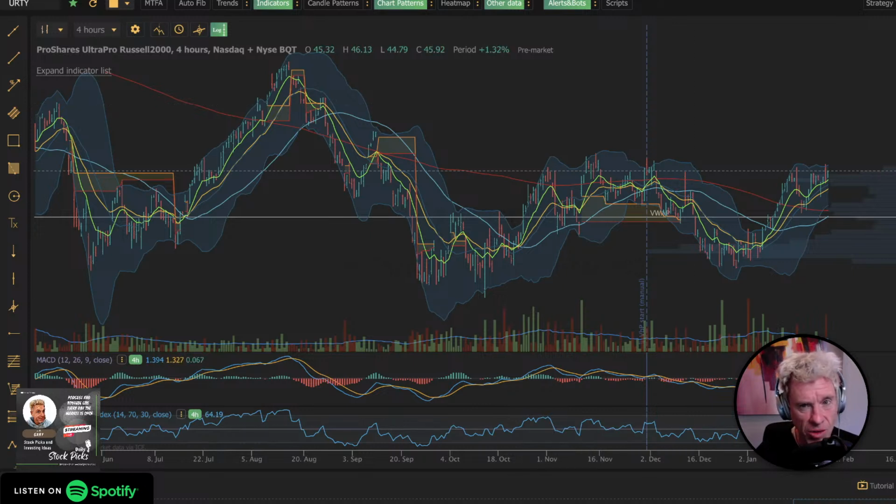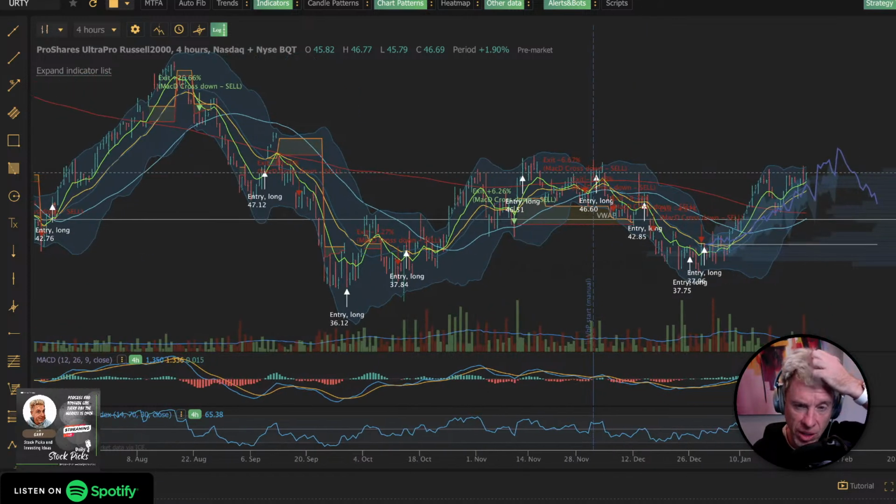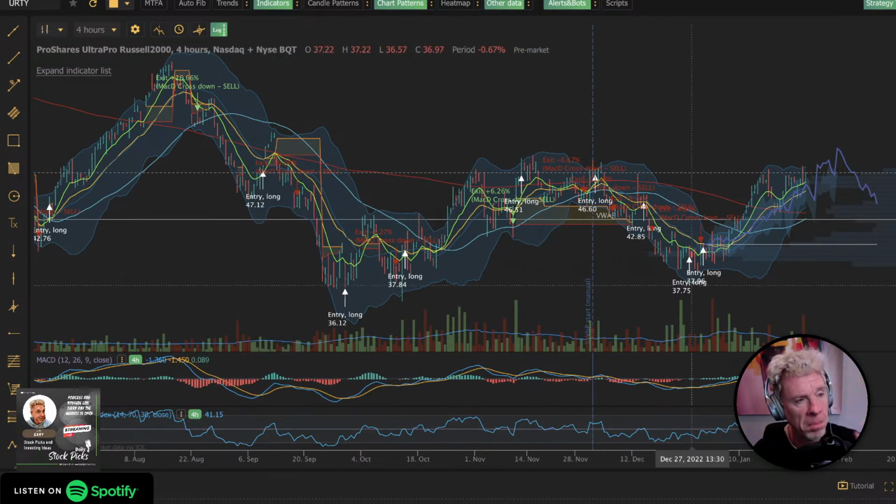That's a secondary cross up, I think. Let's run the algorithm on this one. Yeah, secondary cross up. You're in at 37 on this one. I think this one crossed up. SRTY actually crossed up on Wednesday.